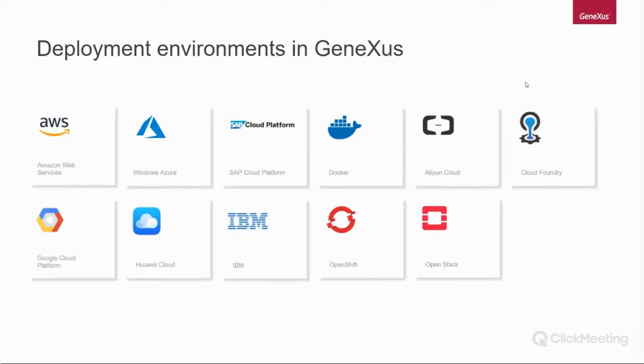And all of these options in Genexus give the possibility for the development team to decide whether they want to take an on-premise approach for their systems or they want to go full cloud, having both the application and the database in the cloud, or maybe they can even take a hybrid approach, having the application running on the cloud, but the database kept on-premise.